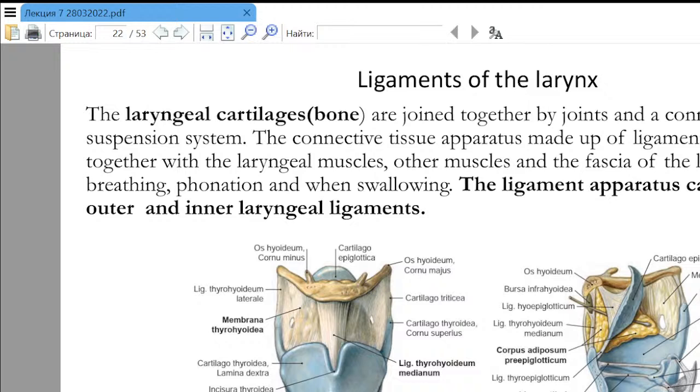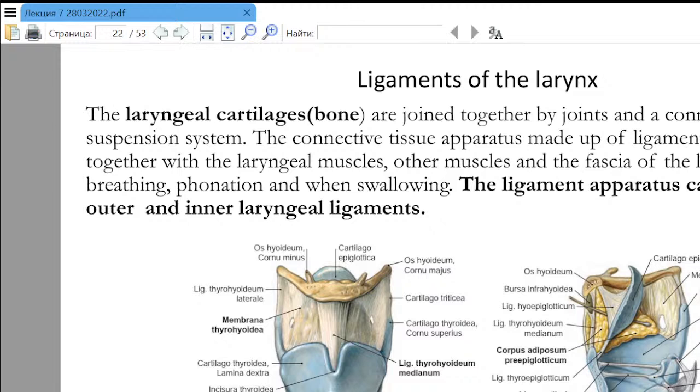Now, for example, you see ligamentum vestibulare between thyroid and arytenoid cartilage. This is ligamentum vocale, and this is processus vocalis. This is cartilago thyroidea.